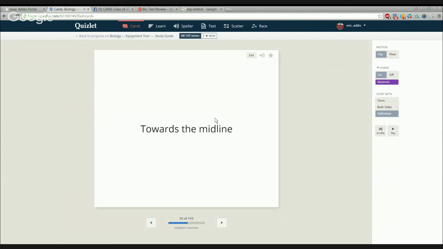Basically, when we have something towards the midline, we call it medial. You can see how everything connects to each other in science. Doesn't medial sound like medium, or towards the midline?